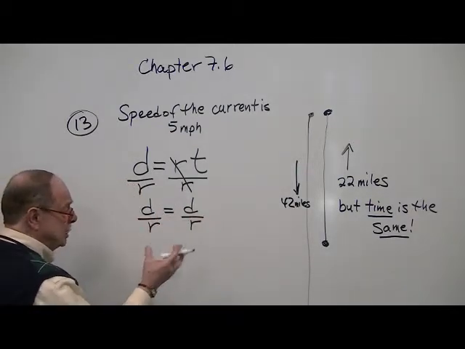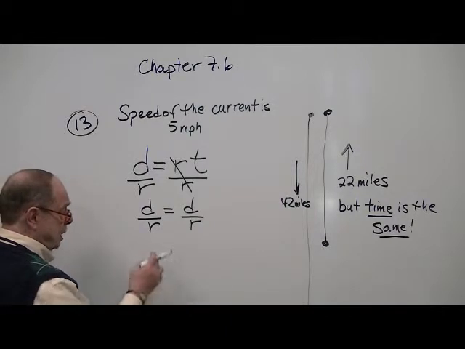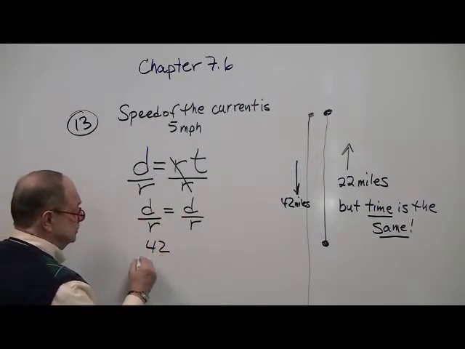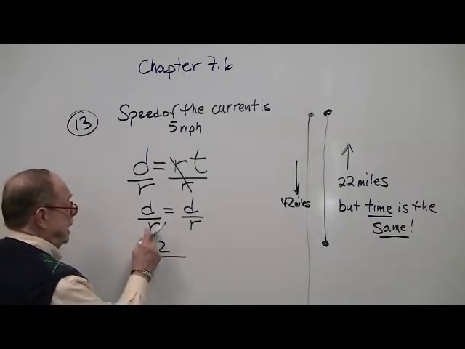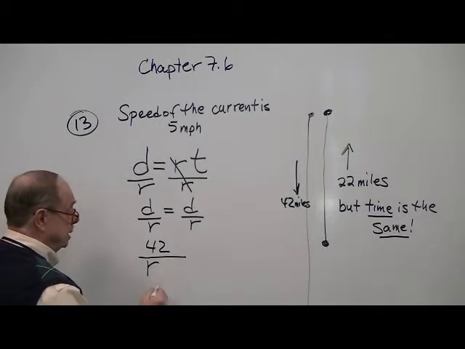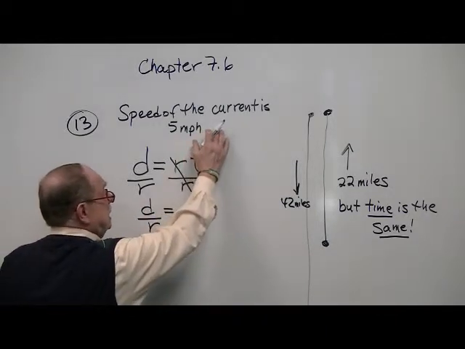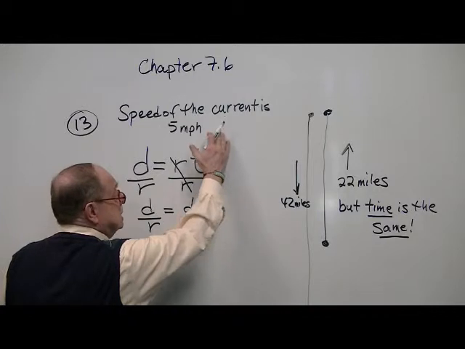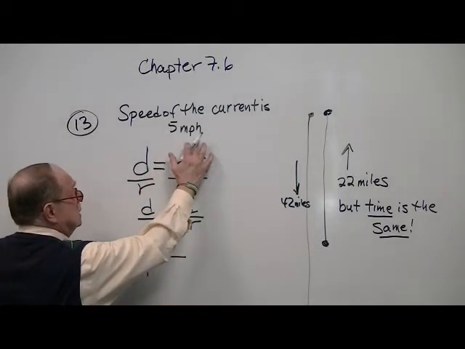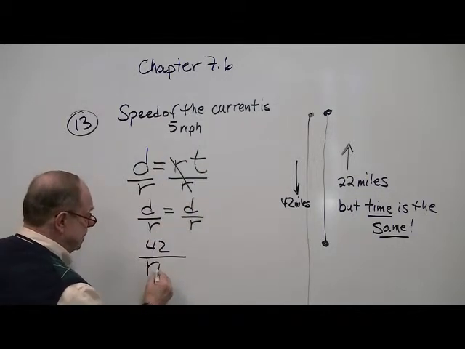So what do we have? Well, we know the distance of one is 42, and the rate, we don't know the rate, but we know we have the current adding to the rate, and the speed of the current is 5 miles per hour.